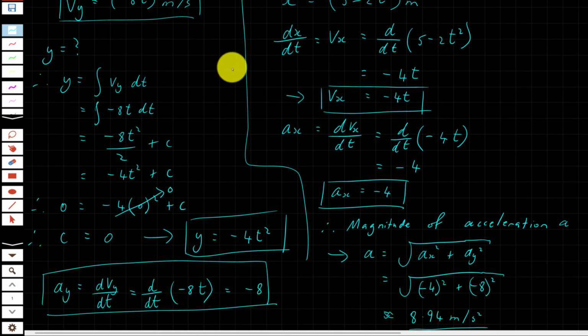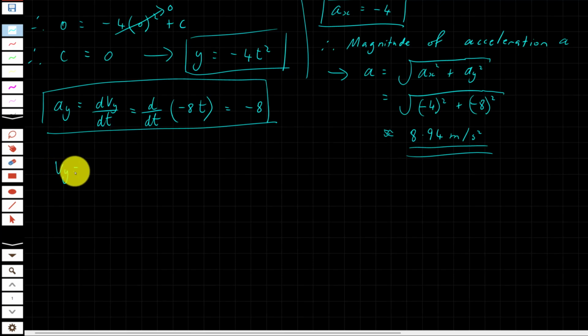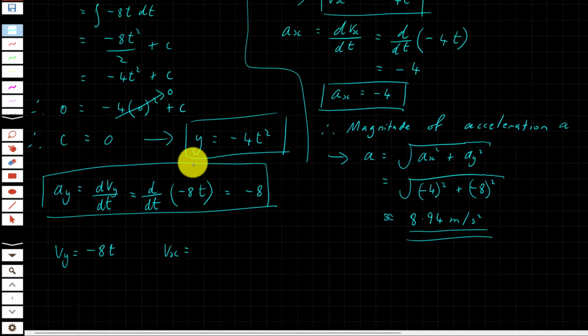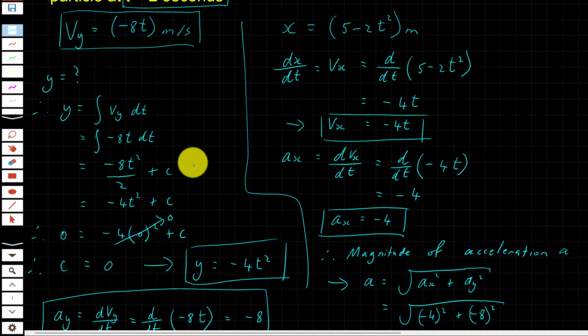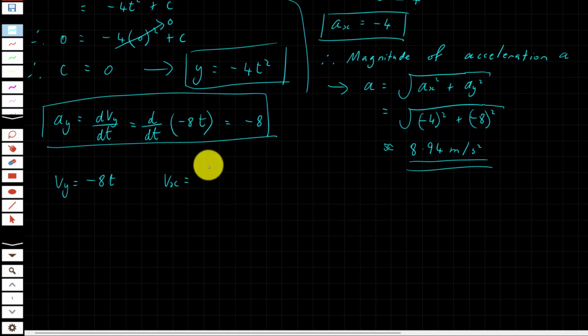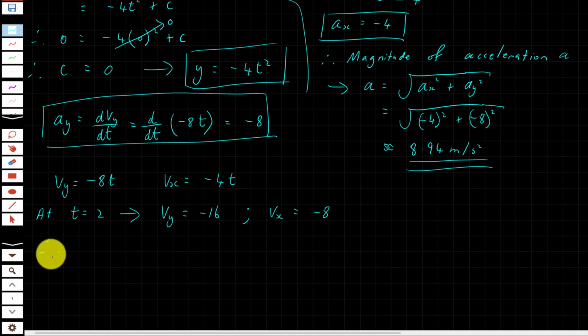Now we've been given that time equals 2 seconds, and we have Vy is -8t. Vx, we've worked that one out too, which is -4t. So we can plug t equals 2 into those two equations and get the actual velocity at time equals 2 seconds. So -16 meters per second in the y direction and -8 meters per second in the x direction.